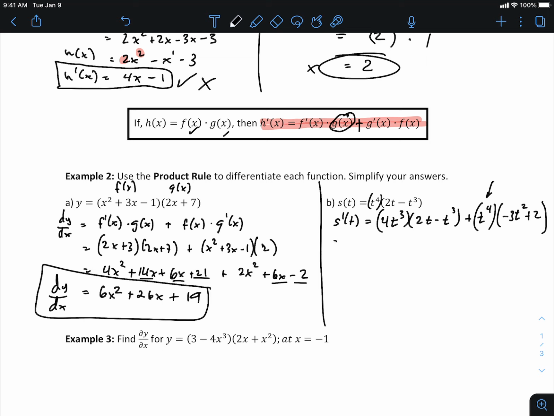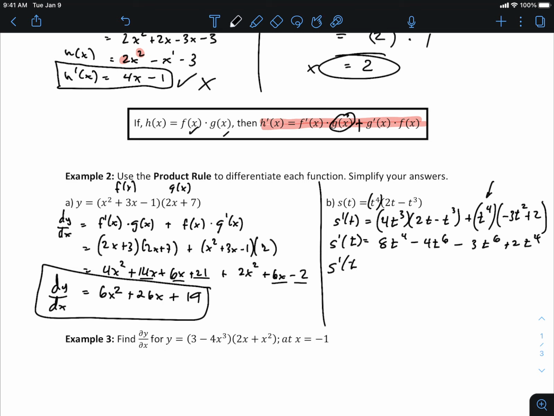Okay, and then we can do the expansion. We're going to get 8t to the 4 minus 4t to the 6 plus, minus, because of the minus that's in here, minus 3t to the 6 plus 2t to the 4. Okay, then we can clean this up.